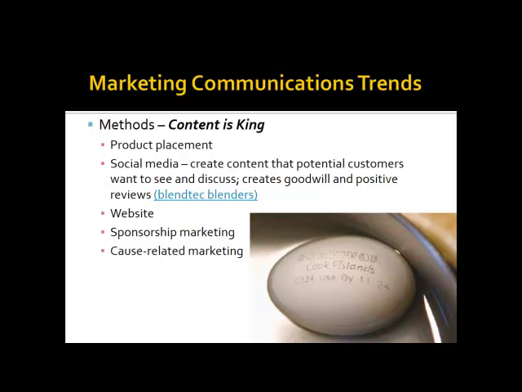They don't need to advertise, put a commercial in there. You get all that exposure and repetition. Cause-related marketing, helping, donating, funding different groups that are important to your target market. Those are all good sources of content marketing.